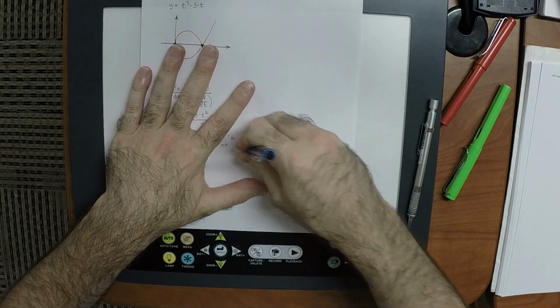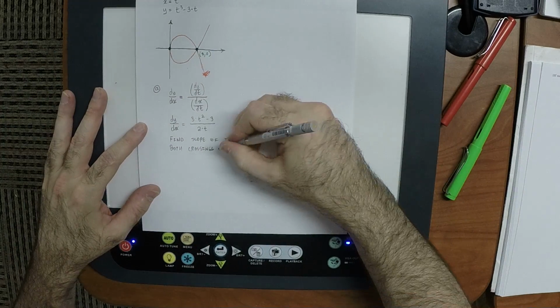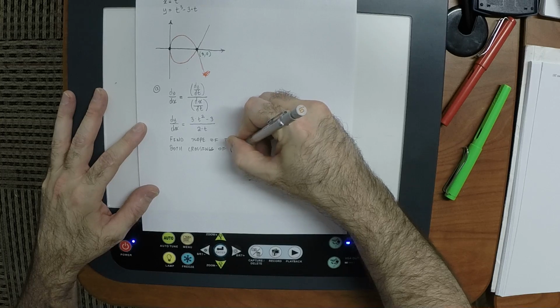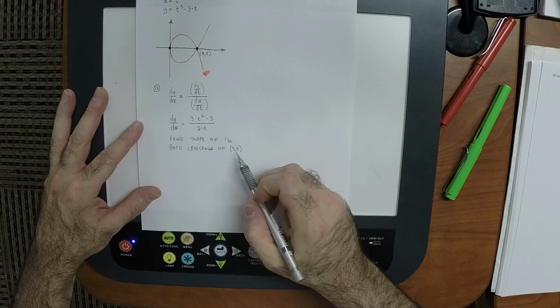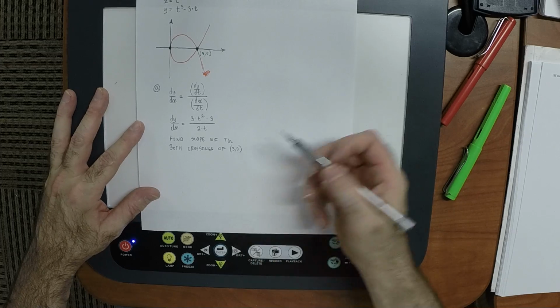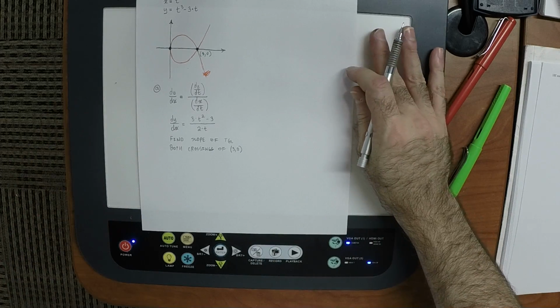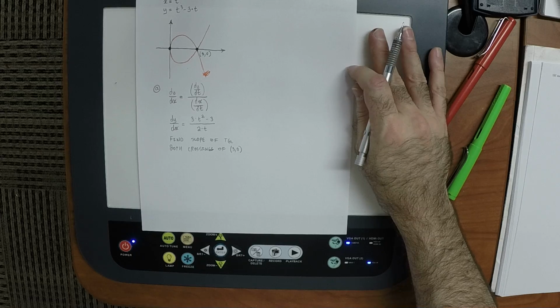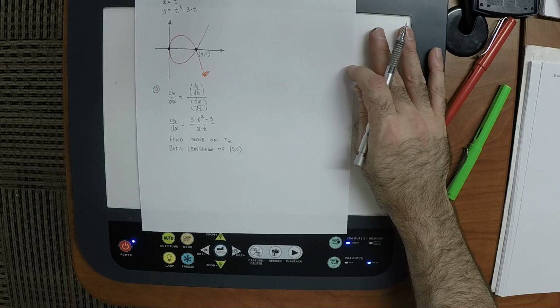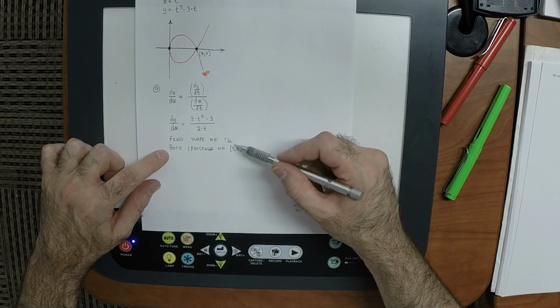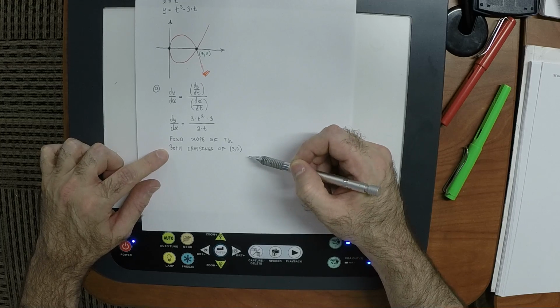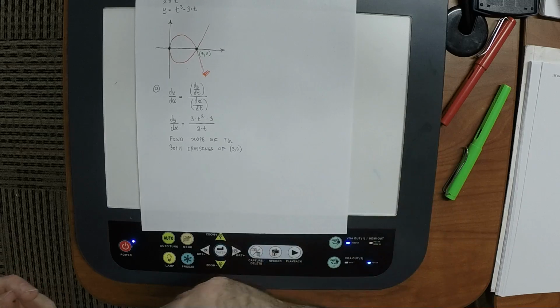Now that's, again, a bit of an issue because, well, we know the x-coordinate is 3 and the y-coordinate is 0. But our formula for the slope is not in terms of x's or y's. What's it in terms of? T. So in order to address the question, find the slope of the tangent at both crossings of 3, 0, we need to know at what times does that occur, right?